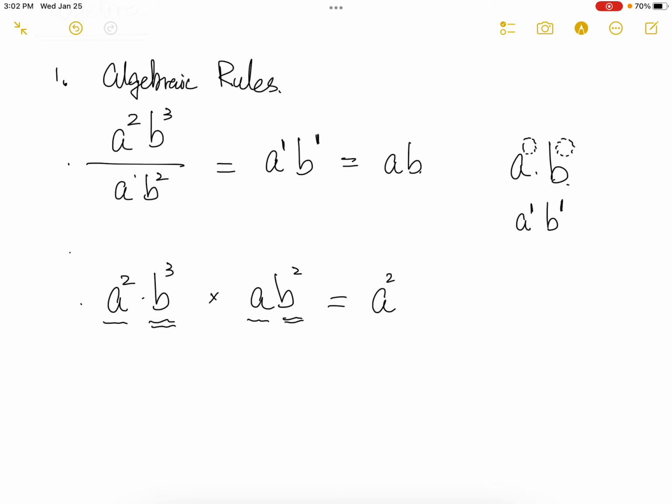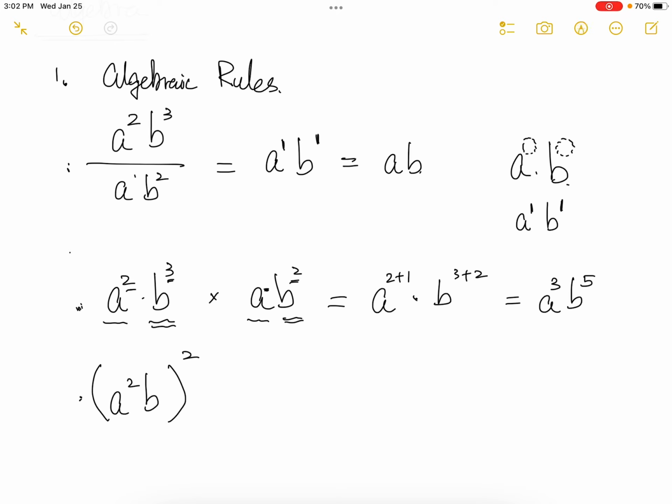So that's a 2 plus 1, right? 2 plus, this is a 1 here, times b to the power 3 plus 2. So that gave us a to the power of 3, b to the power of 5. Okay, so that's division, multiplication, and then next is a squared b all to the power of 2.